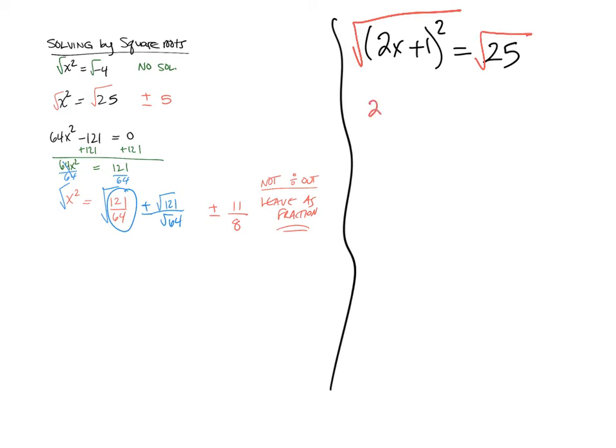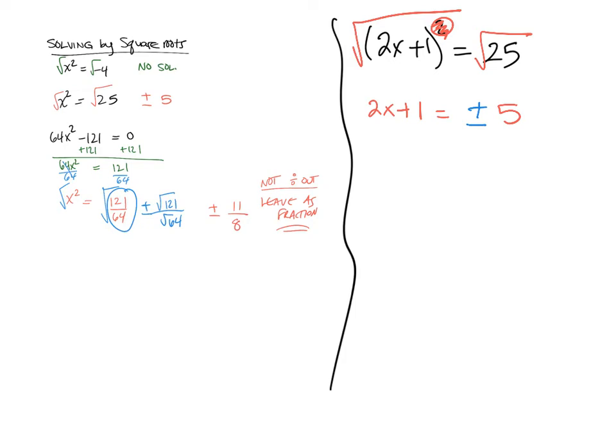You would get 2x plus 1, because when you take the square root, you're unsquaring it. So that means 2x plus 1 by itself is equal to the square root of 25, which is positive and negative 5.